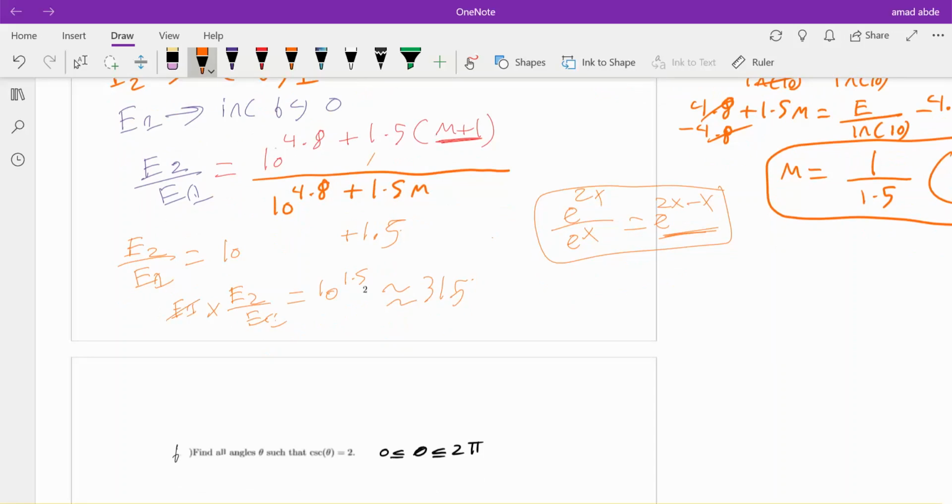This is what proves it, and this gives us the answer for the question we're given, because it's asking us to show that the energy increases by a factor of approximately 31.6 when m increases by 1, and this shows that.